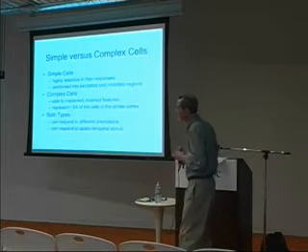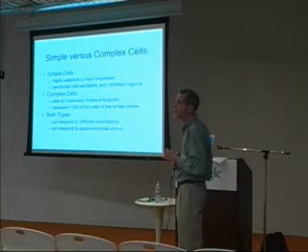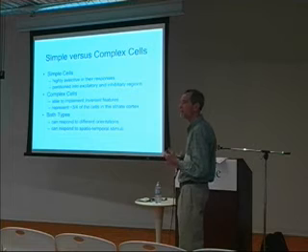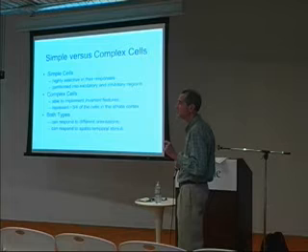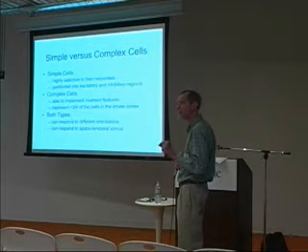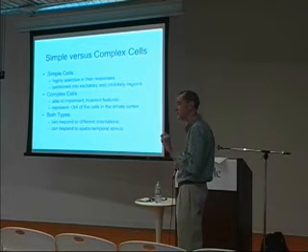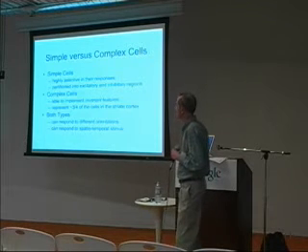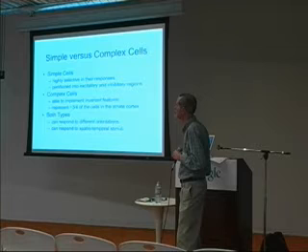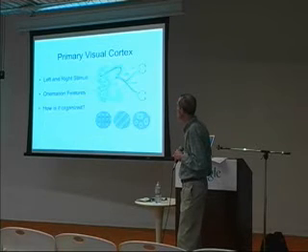So obviously, complex cells are able to handle a much more complicated kind of inference, and in particular, they are able to essentially respond invariant to the position of the type of phenomena that you're looking for, the position in the visual field. And there are a lot of them. In fact, most of the cells beyond the striate cortex are of this sort.